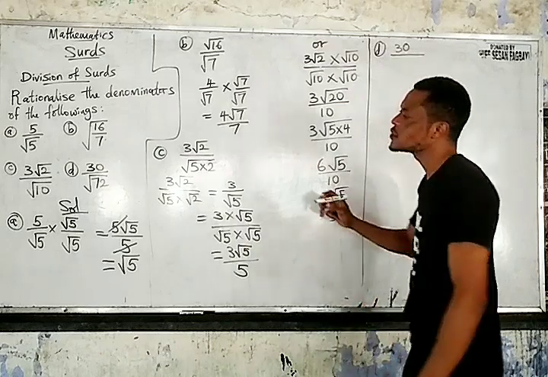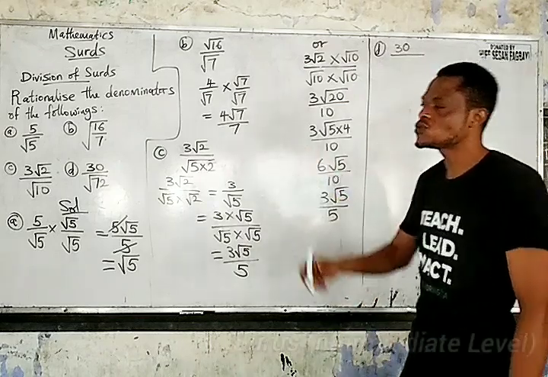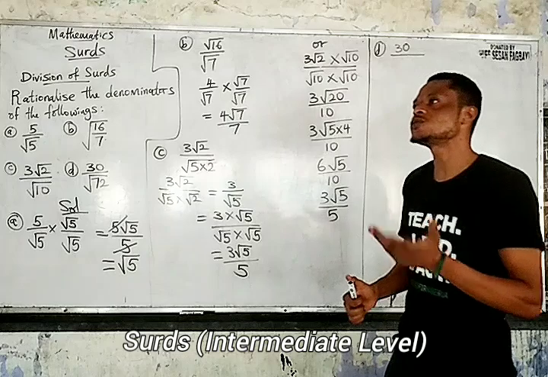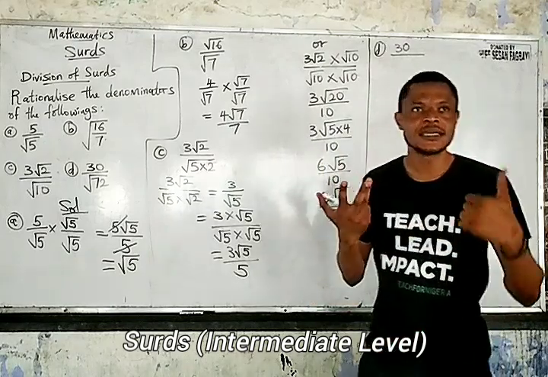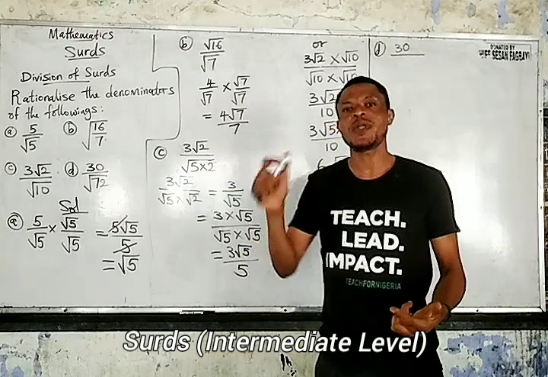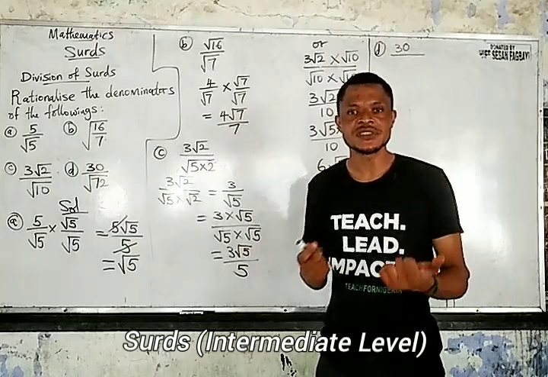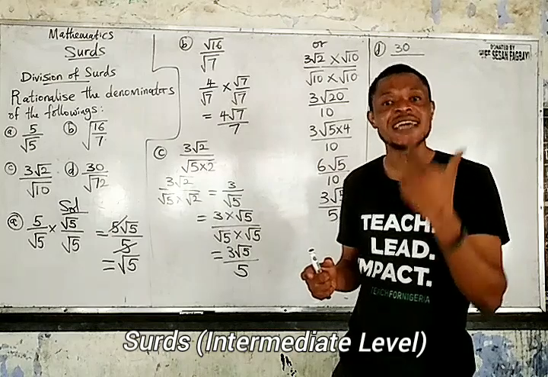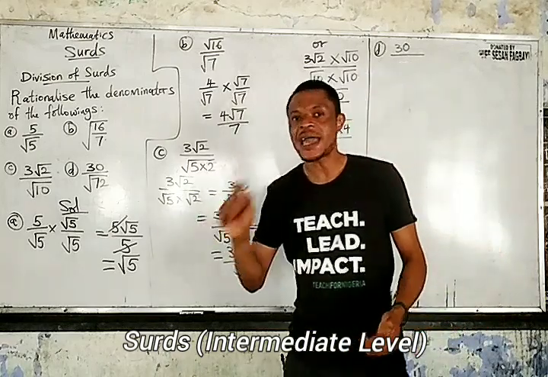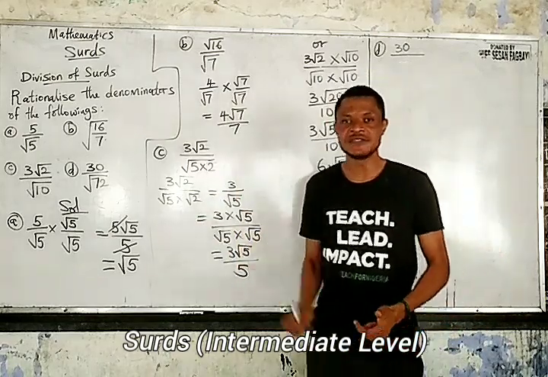By the time you check root 72 to simplify it, if you look at it logically, 32 multiplied by 2 will give us 72. And 32, sorry, did I mention 32? 36 multiplied by 2 will give us 72.